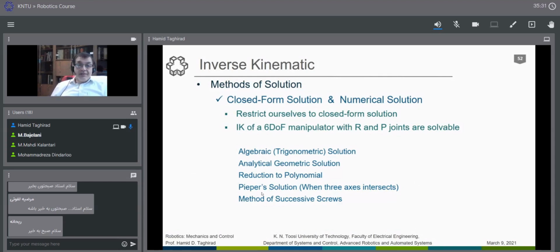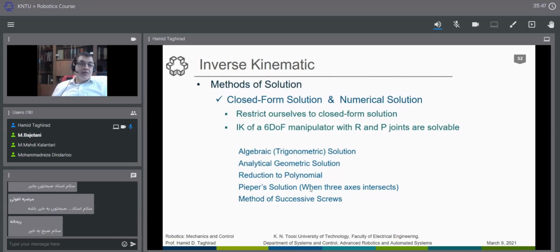And that's why many industrial robotic manipulators have considered 3 intersecting axes in their structure. Of course, this goes back to about 25 years ago.